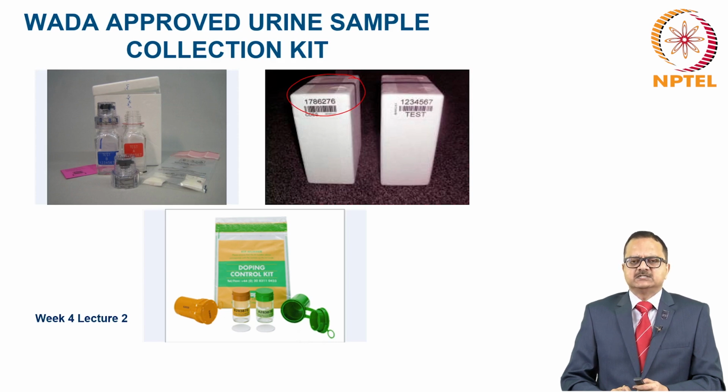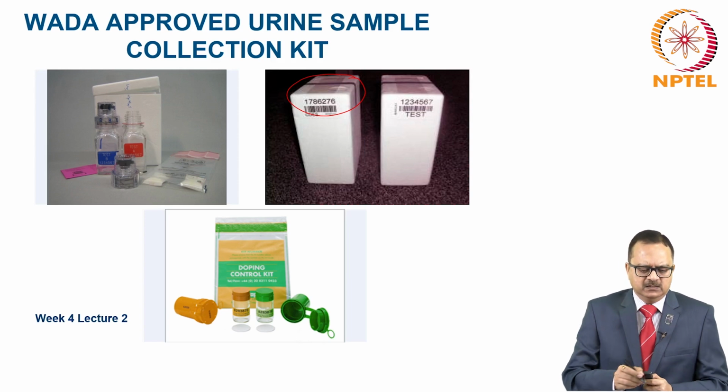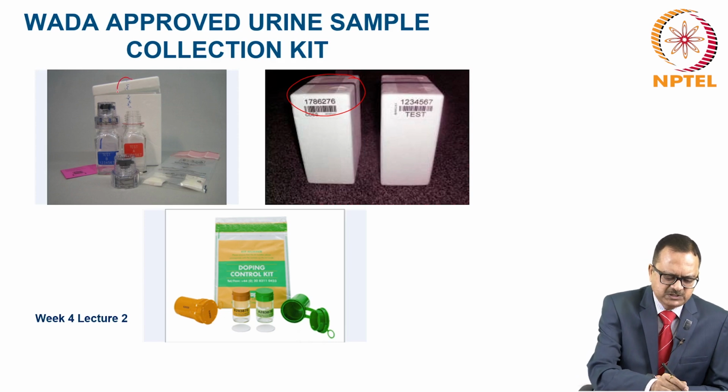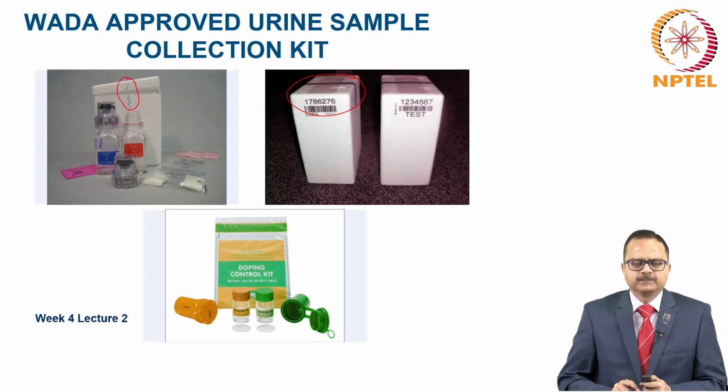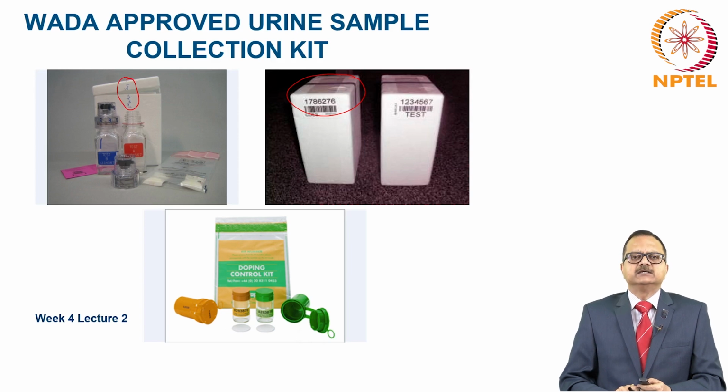Now, the color of this tape is purple if it has been unopened. Once the tape is opened, the color becomes bluish pink. So, it's very easy to find out if the kit has been tampered with or not.